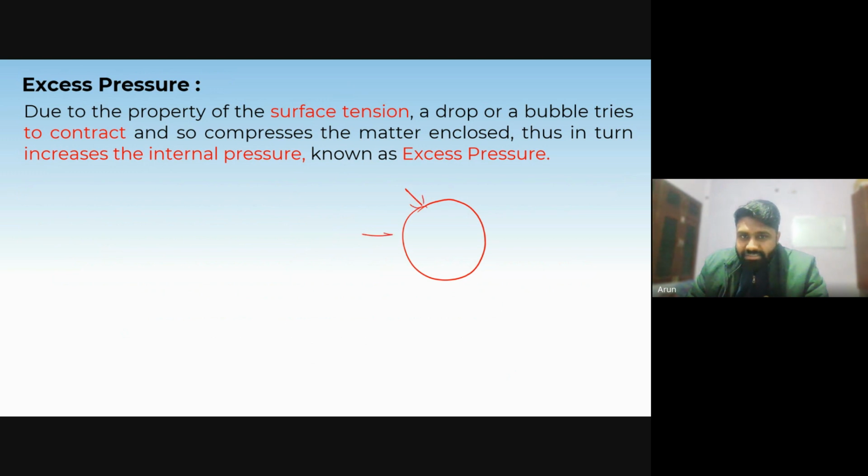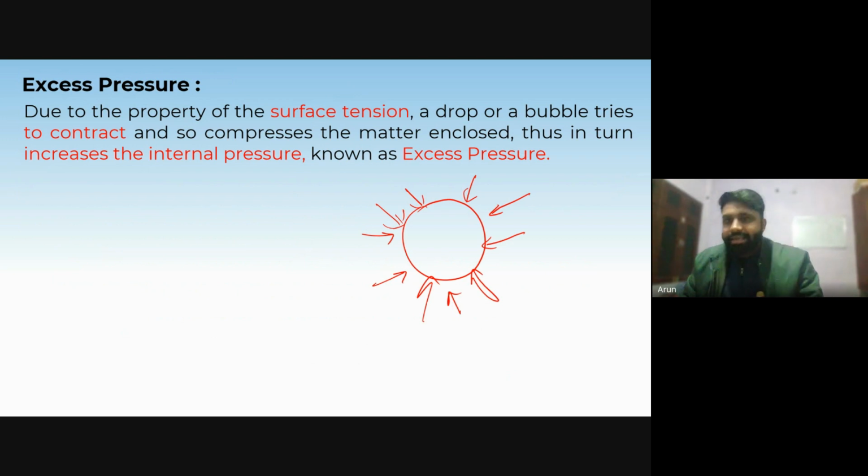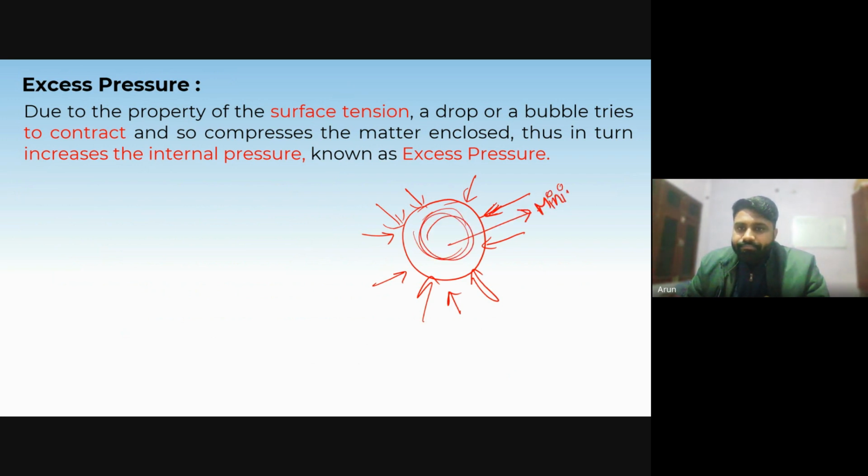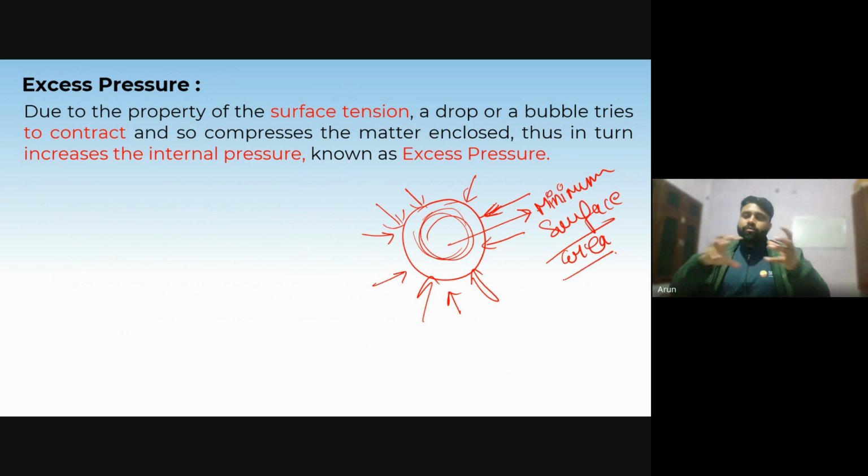Due to the surface tension, any kind of material or liquid or fluid on which surface tension can act, the surface tension tends to achieve a minimum surface area. So due to this property, surface tension wants to collapse any kind of particle or any kind of drop we have. Okay.